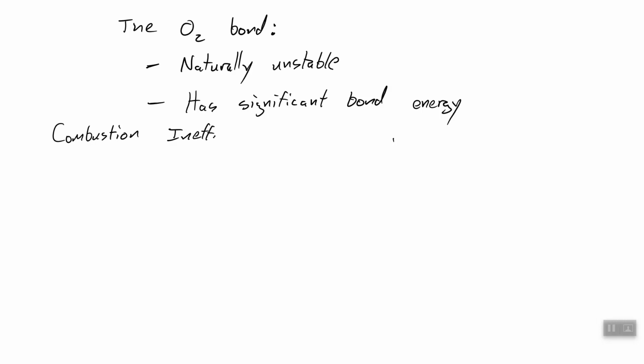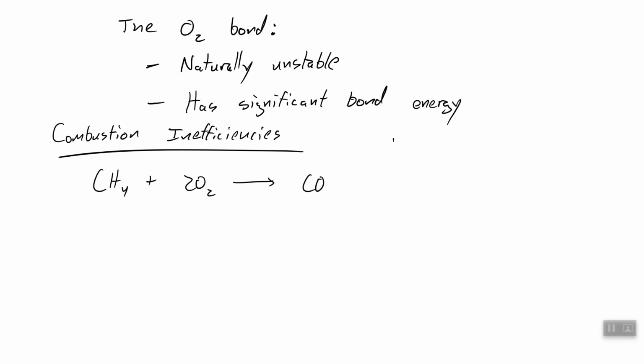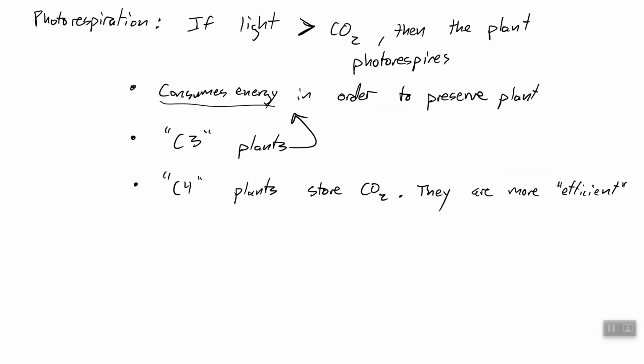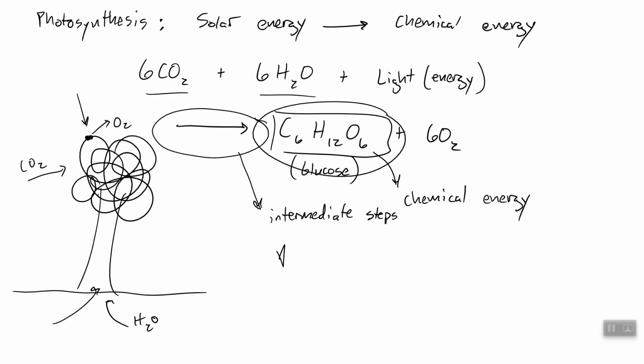Okay, so not all fuels are equivalent. There are some things about certain fuels that make them not exactly ideal as a fuel. So let's write our reaction again for methane, natural gas. Then we're going to write our reaction if we were to combust this glucose.